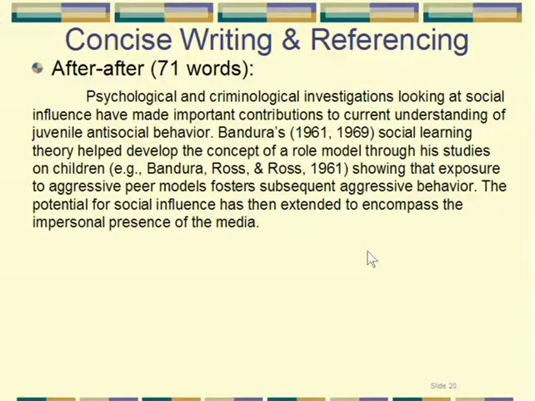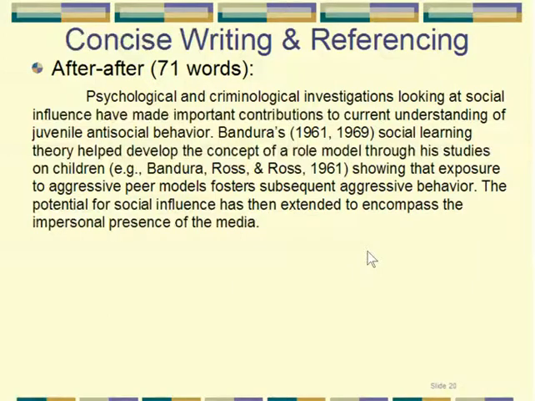Psychological and criminological investigations looking at social influence have made important contributions to current understanding of juvenile antisocial behavior. Ooh, it feels so much better now. Bandura's social learning theory helped develop the concept of a role model through his studies on children, showing that exposure to aggressive peer models fosters subsequent aggressive behavior.